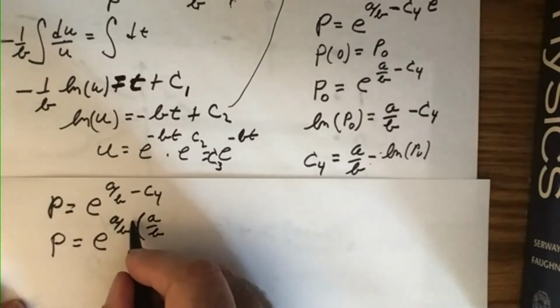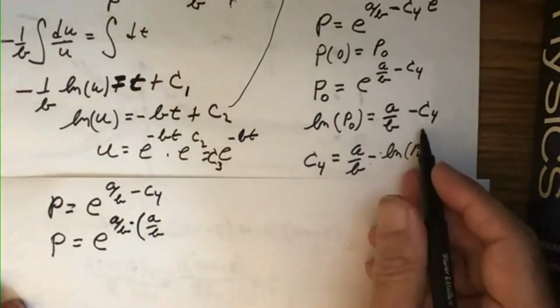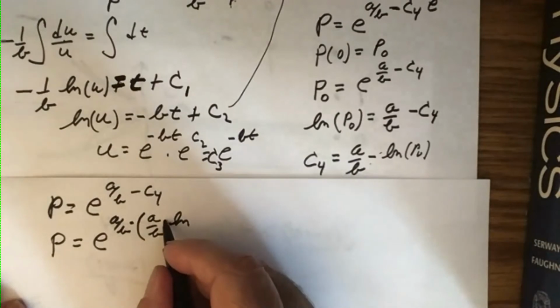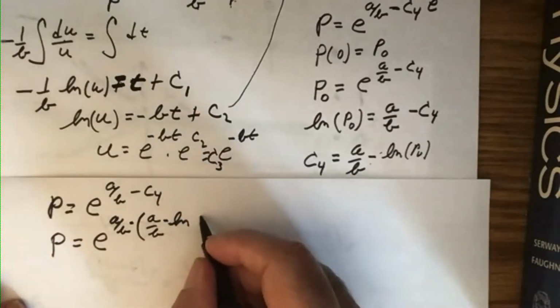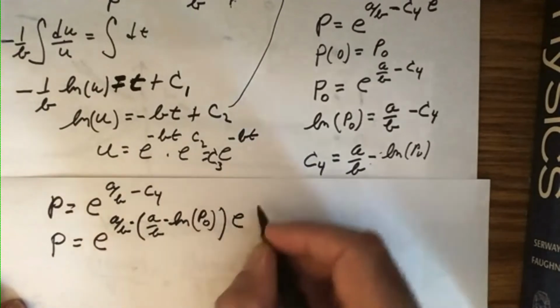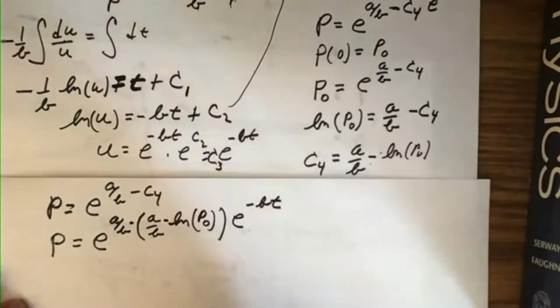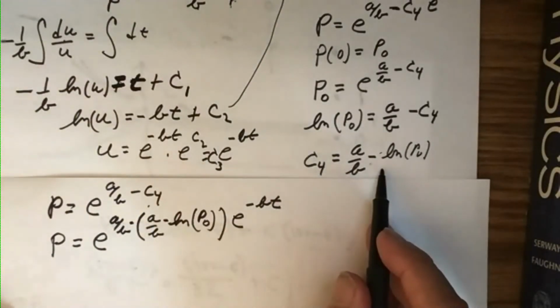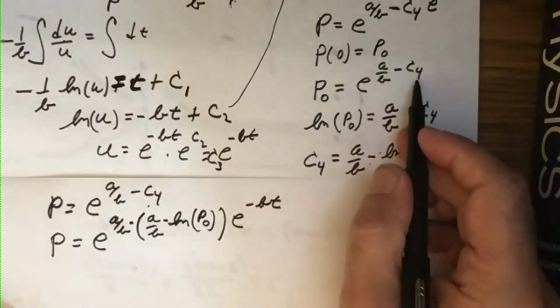Let's see, there's a minus sign here. C4 is a over b, natural log minus the natural log of P0, times e to the minus bt, right? Did I do that right? Right, this is C4. So C4 is equal to this. Oh, did I forget?